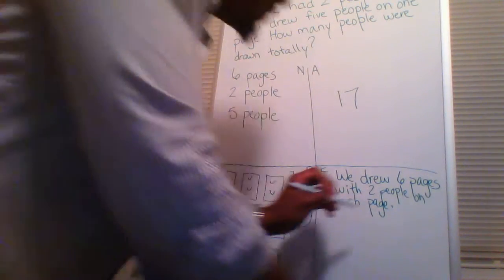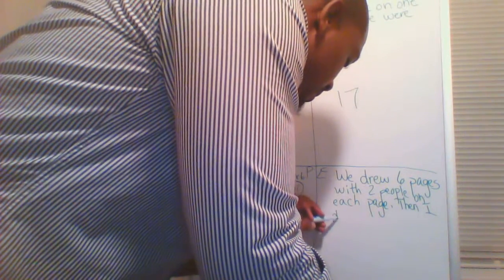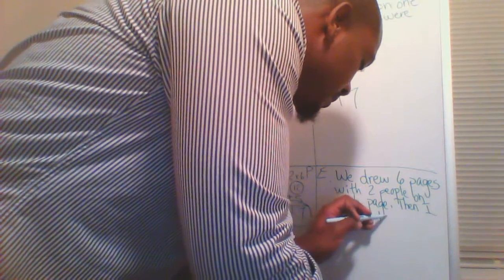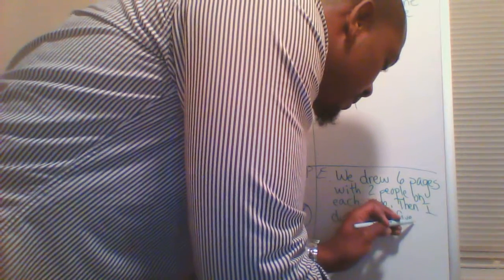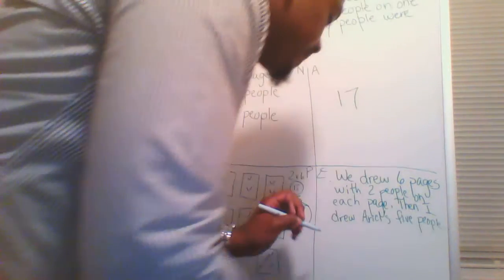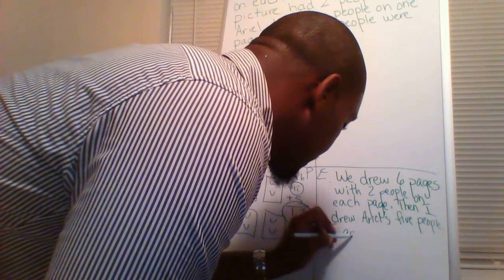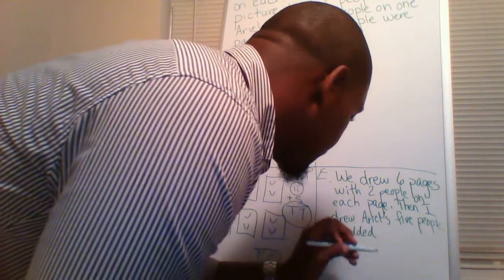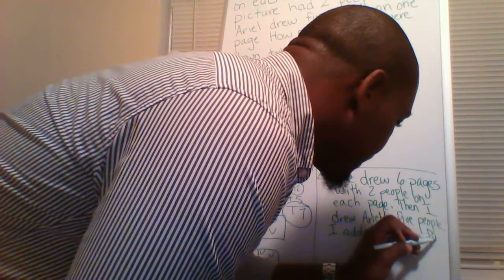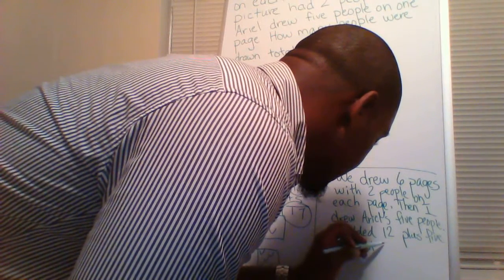After I did that, I drew Ariel's 5 people. I added 12 plus 5 and got 17.